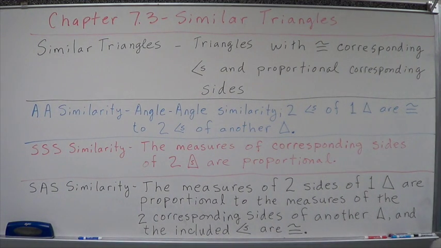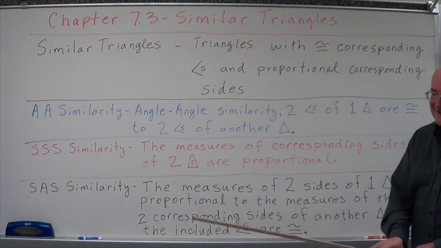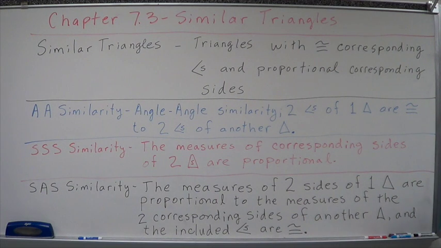That means all three sides of one triangle are proportional to the corresponding sides of another triangle. Got to get that corresponding sides in there. If that's true, that simply means that the triangles are the same shape. They simply have different size. One's smaller, one's larger. They're proportional to each other. Side-side-side similarity.